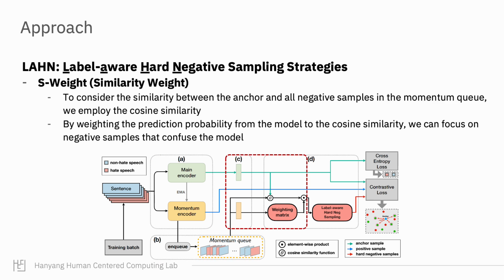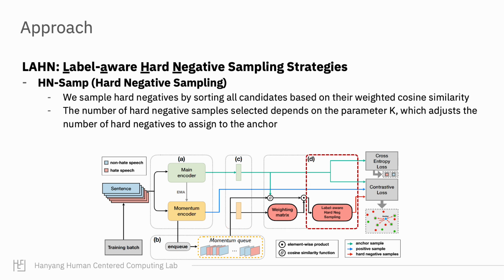And next is the similarity weight. To consider the similarity between the anchor and all negative samples in the momentum queue, we employ the cosine similarity. By weighting the prediction probability from the model with the cosine similarity, we can focus on negative samples that confuse the model. The final is hard negative sampling.